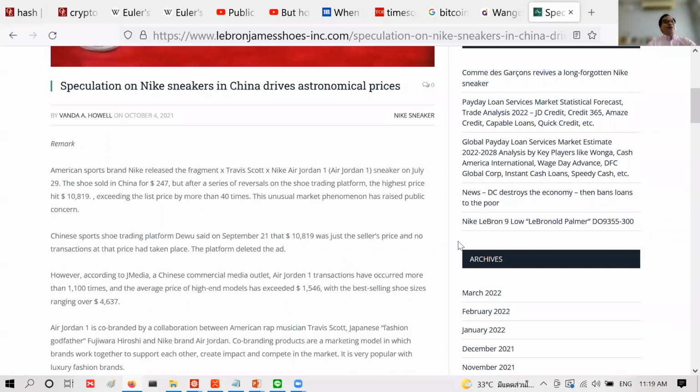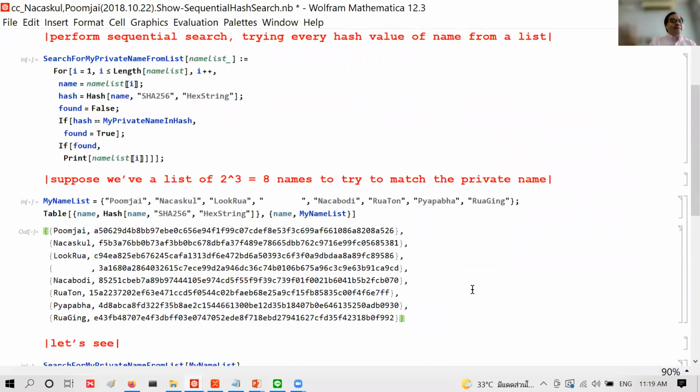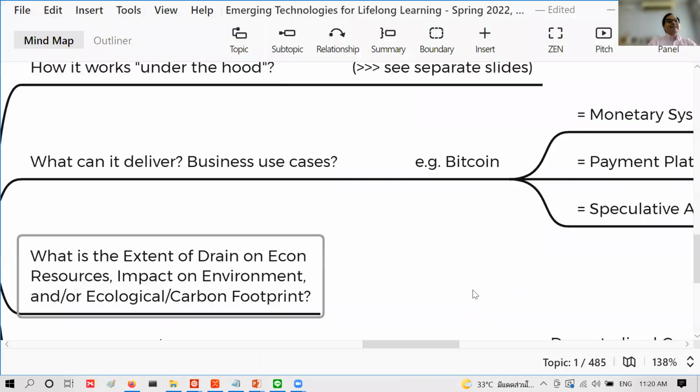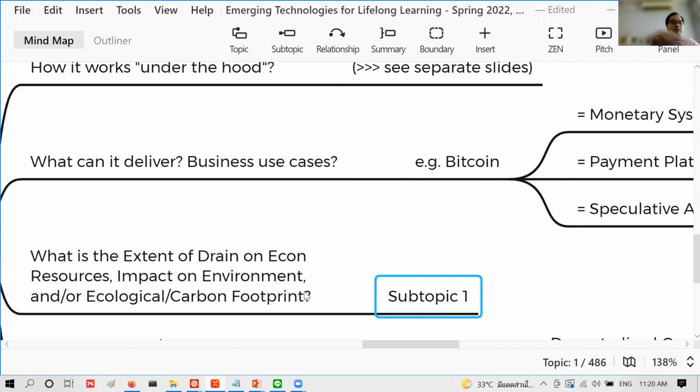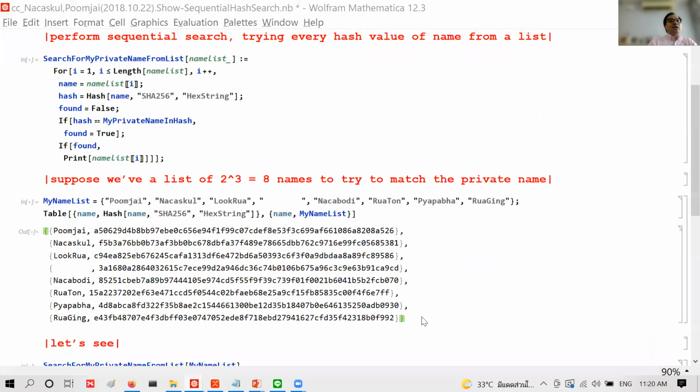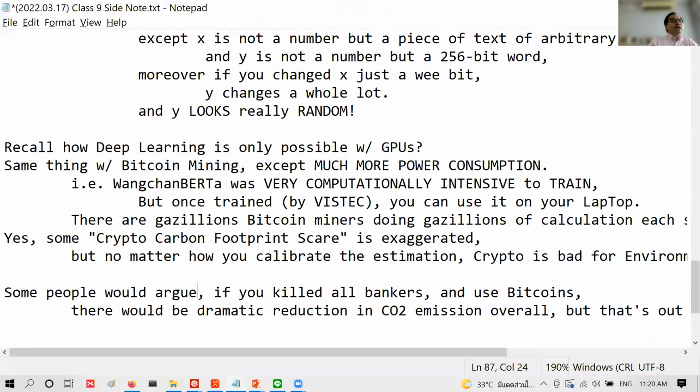So if you speculate on anything, it's a speculative asset. That's all the value it adds to the economy. Somebody with a fairly efficient algorithm can maybe mine some pattern and get some money. And if you leverage that, you can do Bitcoin trading. Well, you can do the same thing. You don't have to do Bitcoin trading.